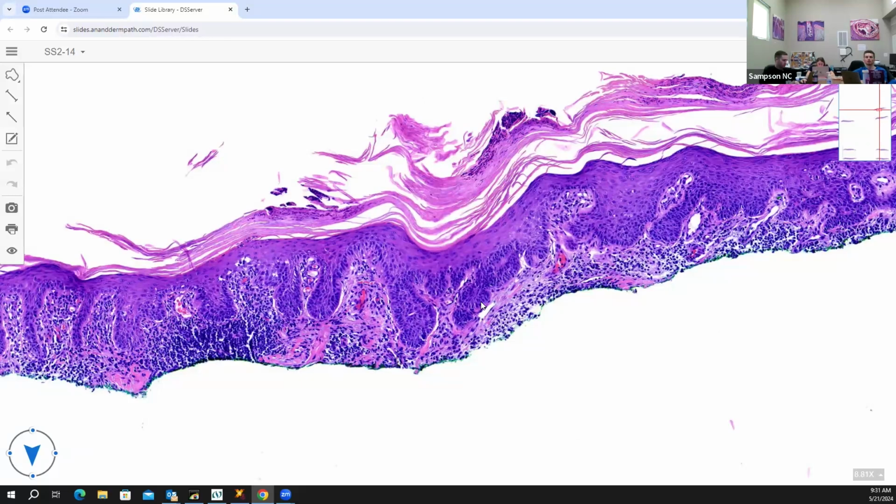So it looks kind of psoriasiform, along the lines of psoriasis, but when I see that alternating parakeratosis, they want you to think about PRP, right? Mm-hmm. So between those two, it does look like there's suprapapillary thinning with those vessels up there. So I was leaning more towards psoriasis.